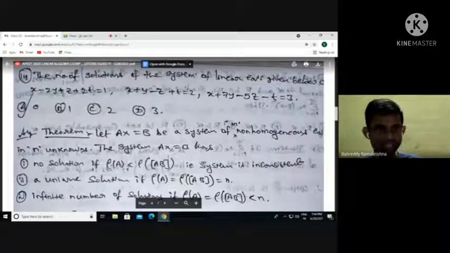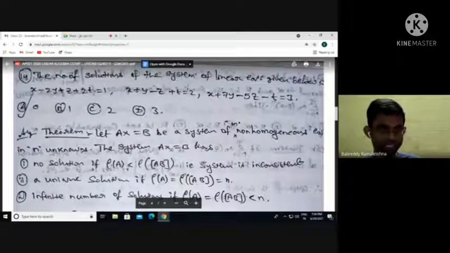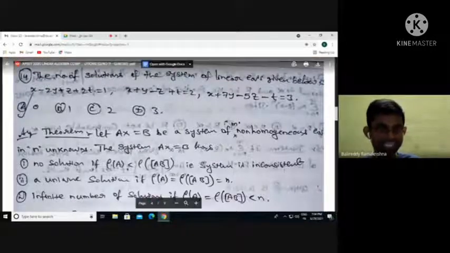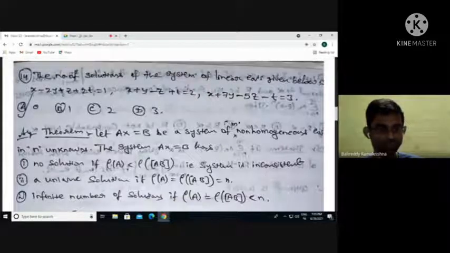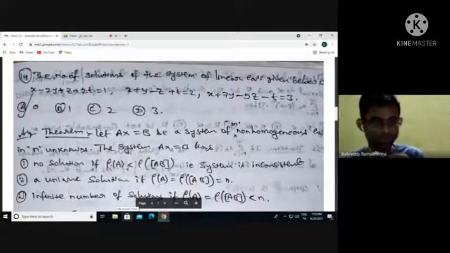The system Ax is equal to B has no solutions if rank of A is strictly less than rank of augmented AB. That means the system is inconsistent. Whenever the system is inconsistent, it has no solutions.